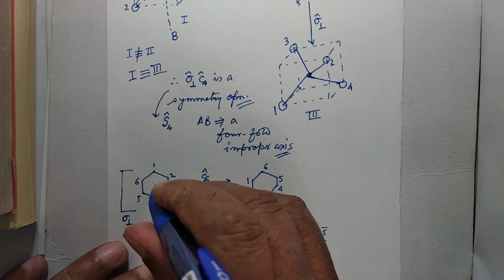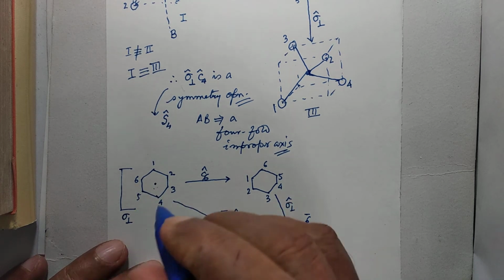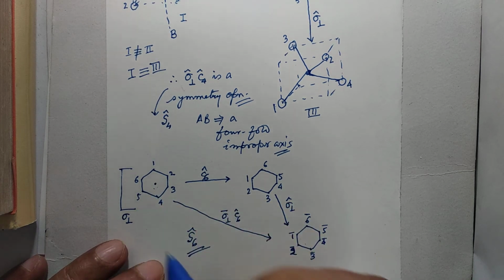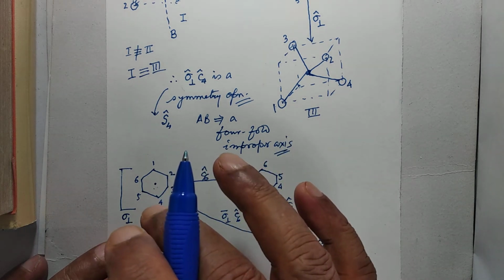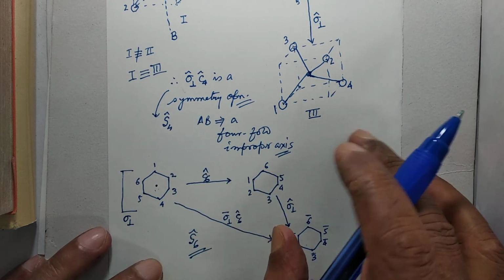So this C6 axis also acts as an S6 axis, improper 6-fold axis. In this particular case, proper axis and improper axis coincide.